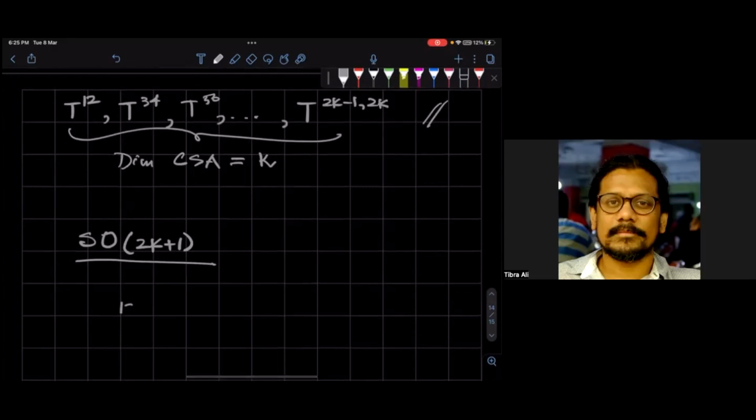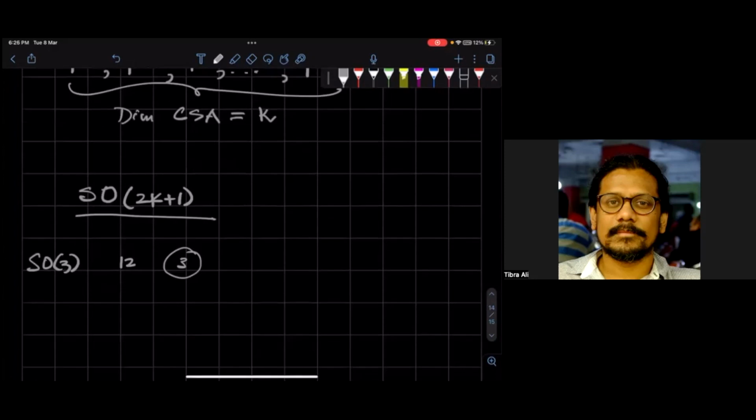I have 1, 2, that's one rotation, and that's it. The third direction cannot be paired up with any other direction. So this is the case for SO(3). For SO(2), we only have two directions, so the Cartan subalgebra is one-dimensional.